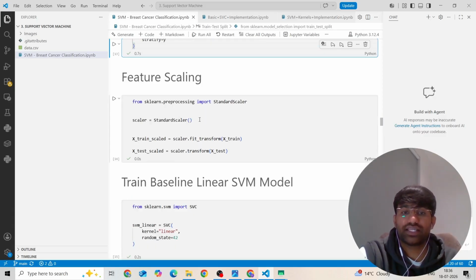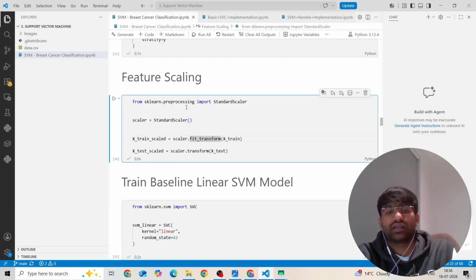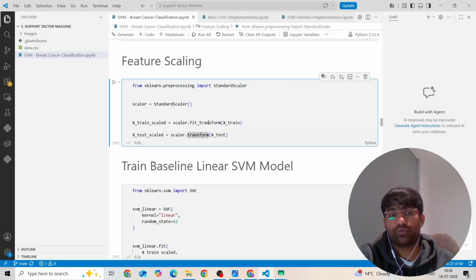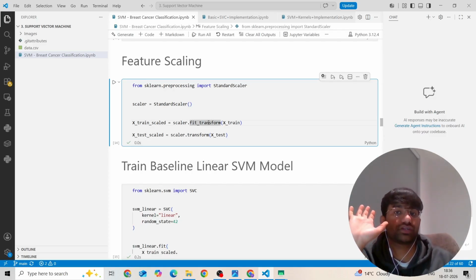Now I have to scale the features, fit and transform. I will scale only the input features, and I will do the fit transform for the train features. That means the mean should be 0 and the standard deviation should be 1. I will bring all the input features onto the same scale.